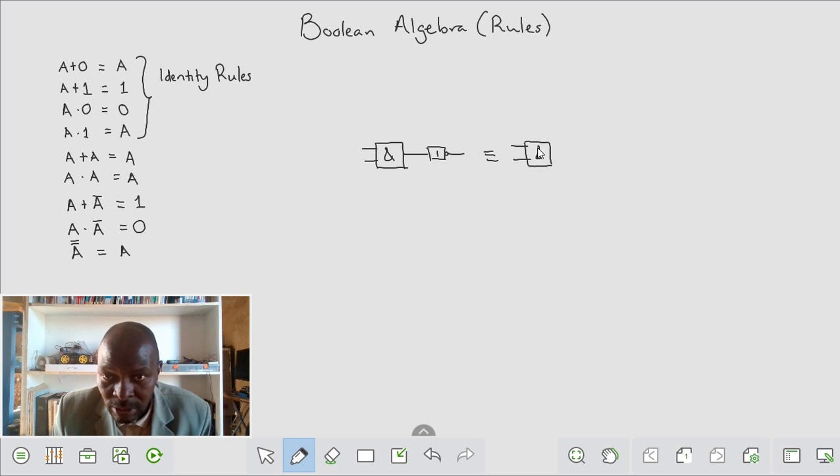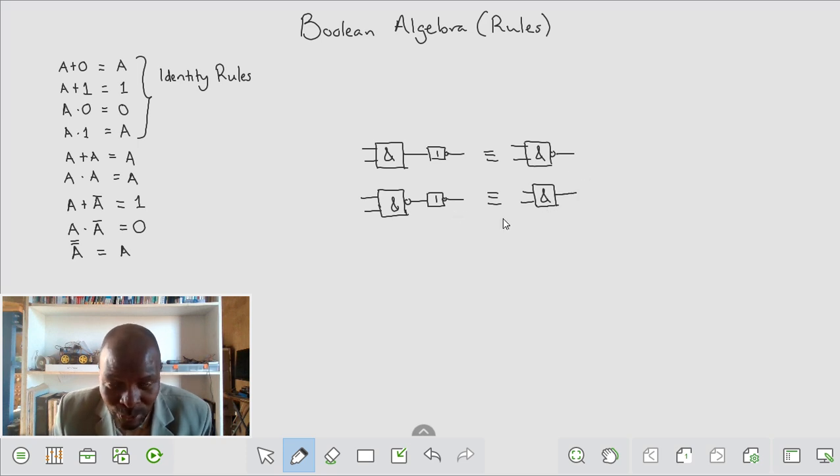But we know that the opposite of the opposite is obviously the original. So if the NAND is the opposite of AND, then obviously the AND is the opposite of NAND. So this here is the same as the opposite of NAND, which is the AND.